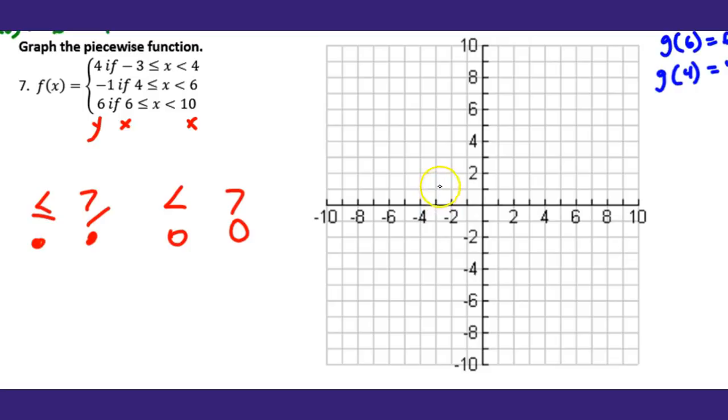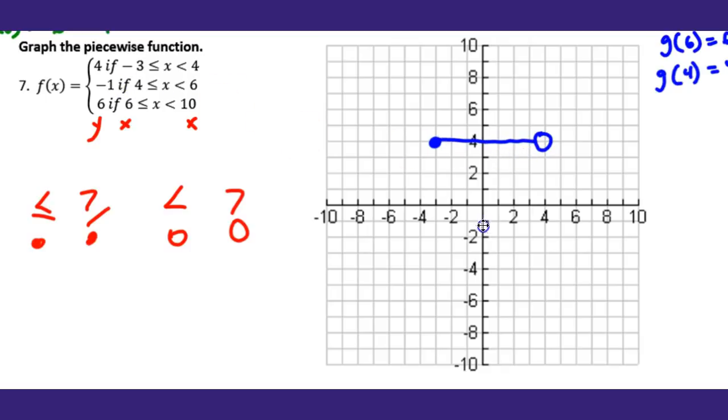Well, at -3, it is greater than or equal to, so it's a closed circle. Oh, wrong value. It says 4. So there we go. Move up one more. And then right here, 4 is just less than 4. So I go over to 4. It's an open circle. And there we go right there.